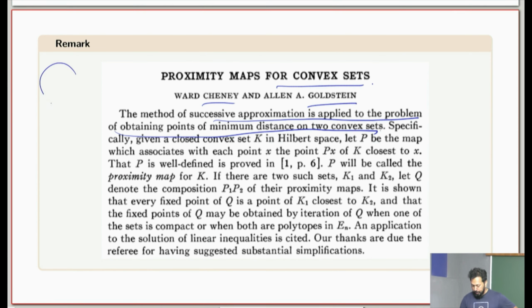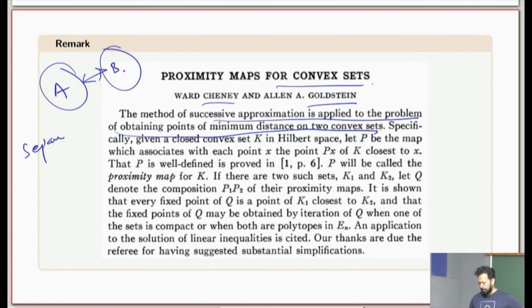So here they are looking at a generic problem, the minimum distance of two sets. And this could be interesting from a data science point of view, right? There is something called the separating hyperplane theorem. There is data class A and data class B, and sometimes during a classification problem, if I'm looking for a linear classifier, what I'm really looking for is a hyperplane that could separate these two classes, and this hyperplane becomes a classifier.